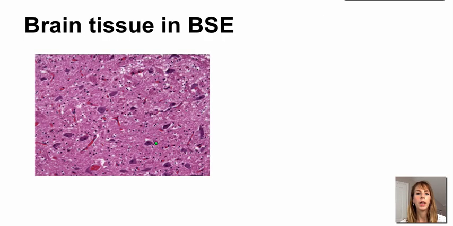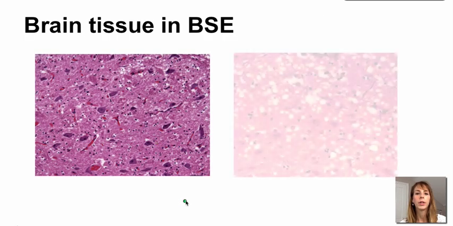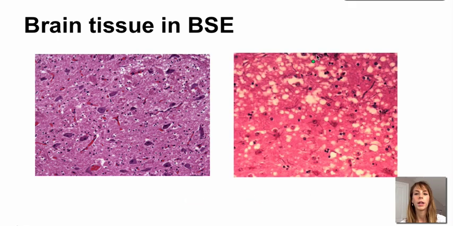So this is healthy, normal brain tissue compared with, on this side, brain tissue from an infected animal with BSE, and you can see that the death of the neurons leaves behind these holes, and the tissue looks sort of spongy, which is why this disease is called bovine spongiform encephalopathy.